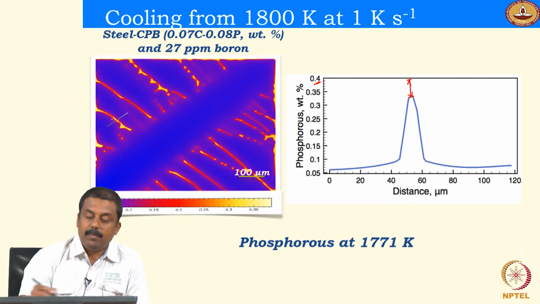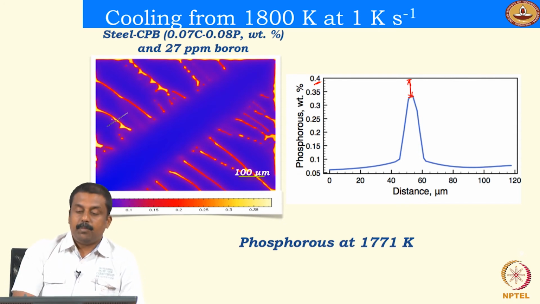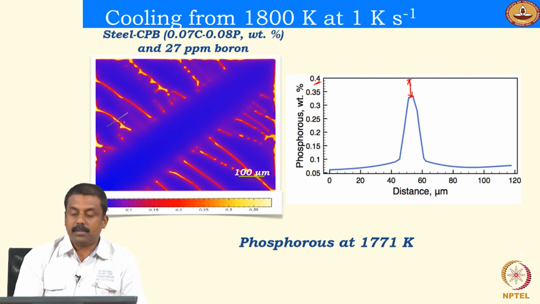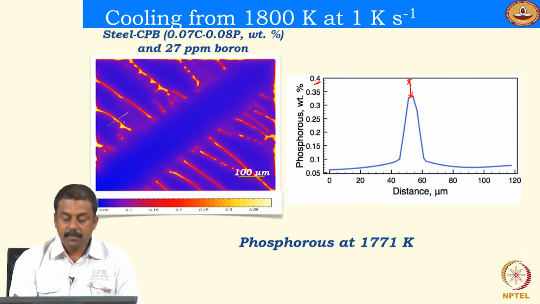Therefore adding boron can positively influence the segregation behavior to our favor, where it can reduce the phosphorus segregation at the solid liquid interface, and subsequently the grain boundary segregation of phosphorus can be decreased significantly.